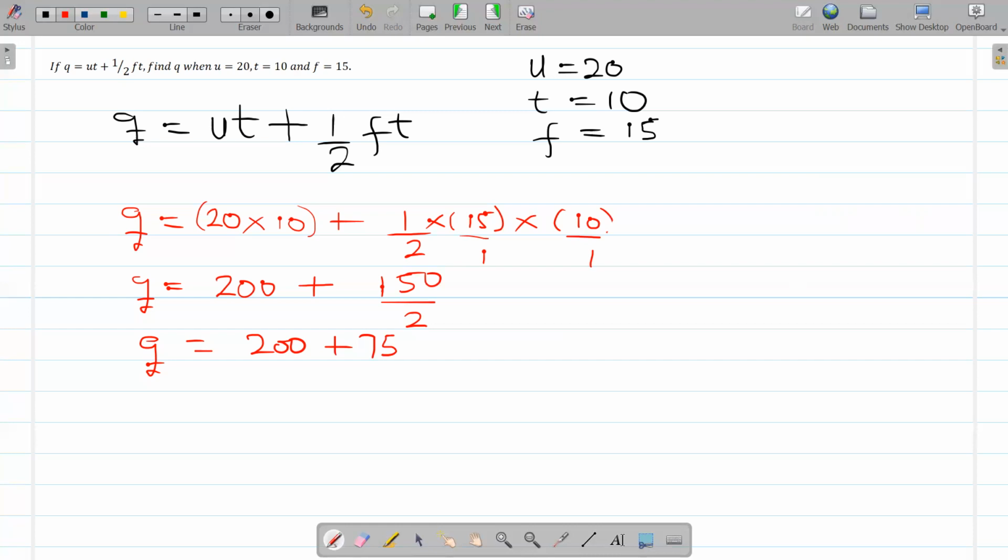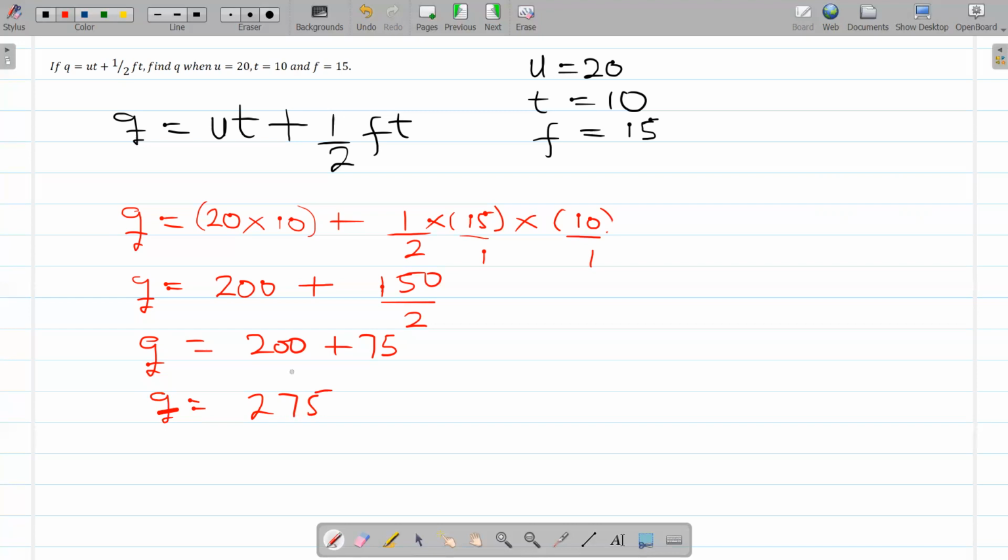So Q is equal to 200 plus 75. Are we going to do something with it again, or will we leave it? No, we will need to add them and get a final answer, which is 275. That is it. So 275. Is that okay?